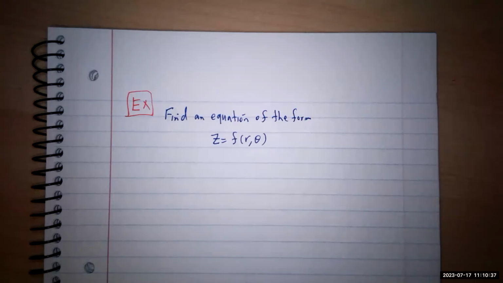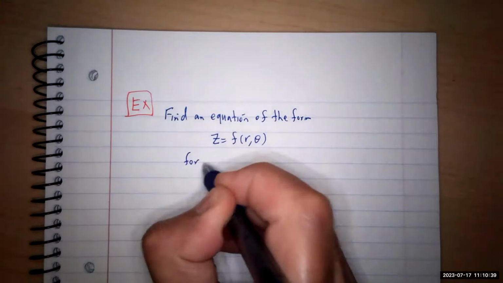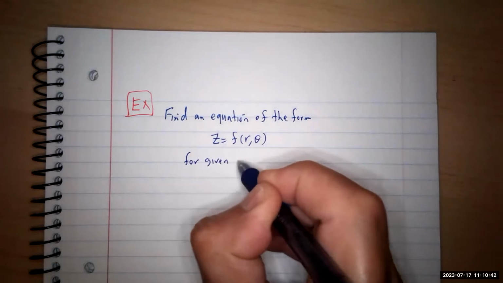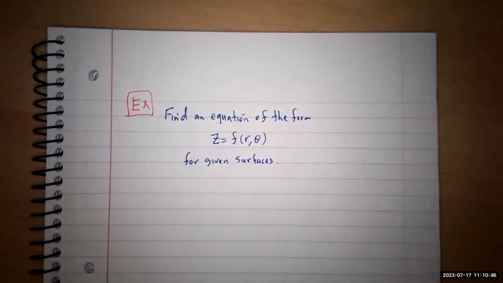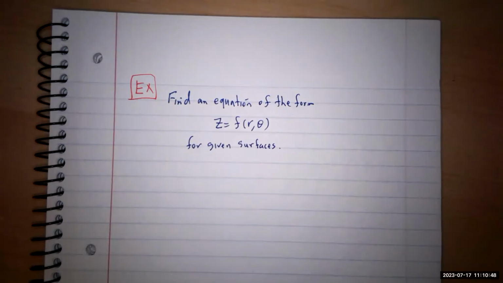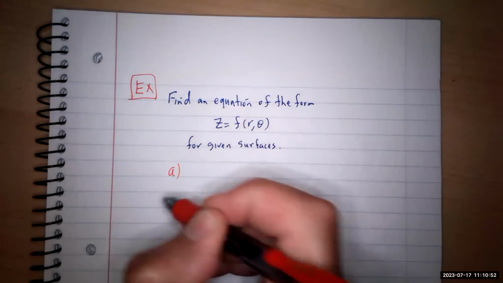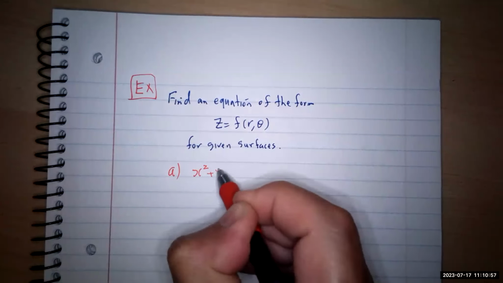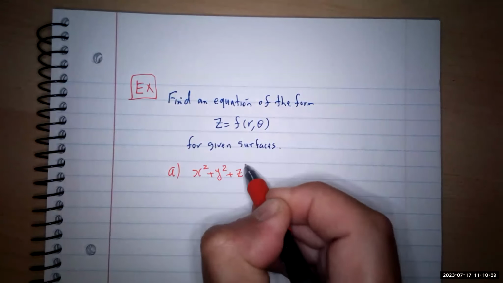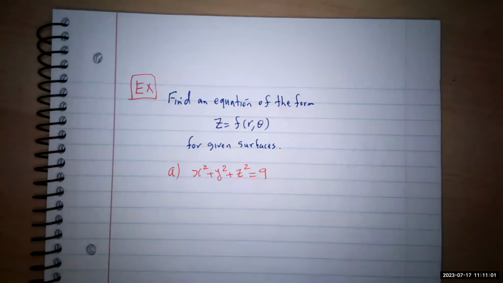For given surfaces that you are going to use, z is going to be a function of x and y. The most popular one, of course, is the first one: x squared plus y squared plus z squared equal to 9. You know that it's going to be a sphere.